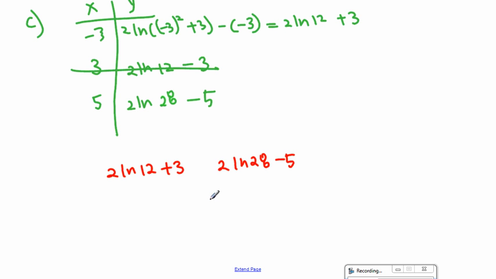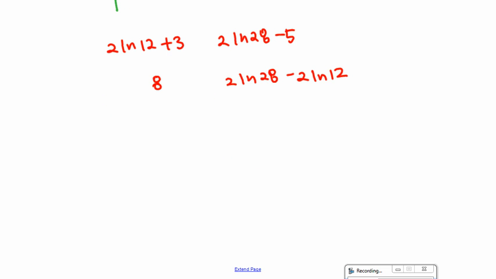So we can add 5 on each side and subtract 2 ln of 12 from each side, and we end up getting 8 compared to 2 ln of 28 minus 2 ln of 12. Then here we end up getting 8, and then 2 ln of 28 divided by 12.